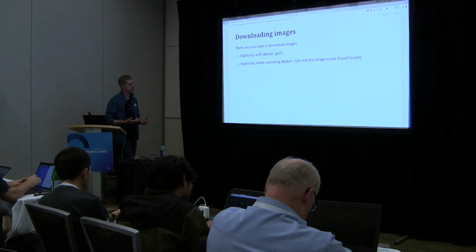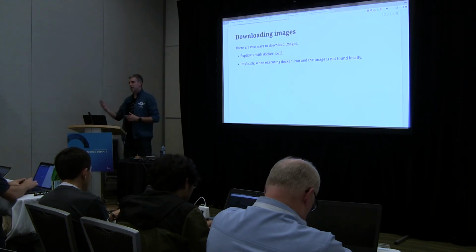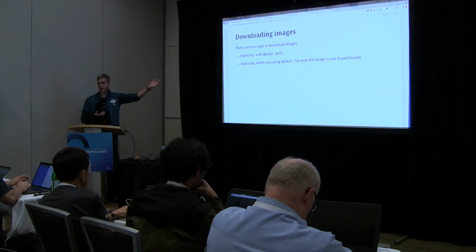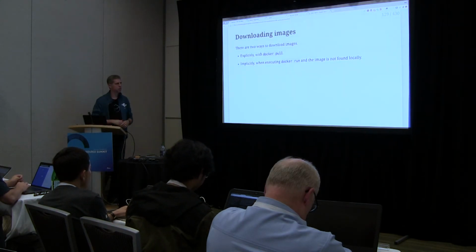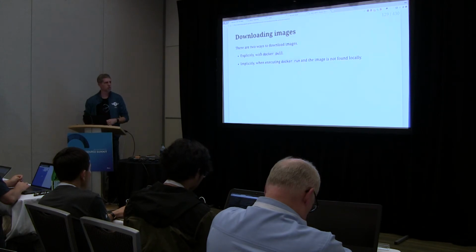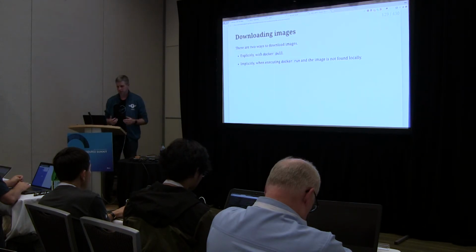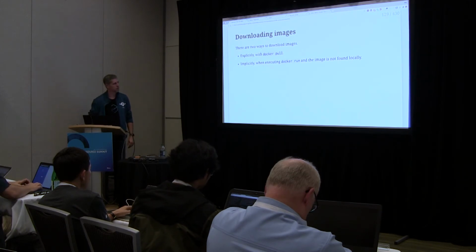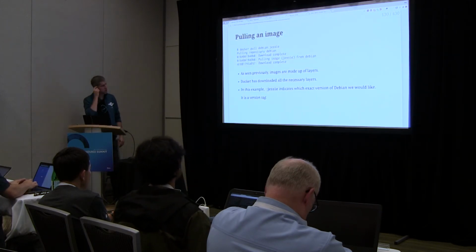So all we've done so far is use Docker run to automatically get an image pulled. But you can actually use the Docker pull command to do that pull operation separately from running it. So if you know the name of an image, you can Docker pull before you do Docker run and bring it to the engine.